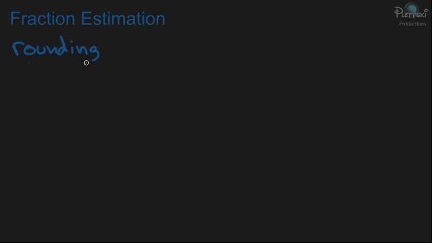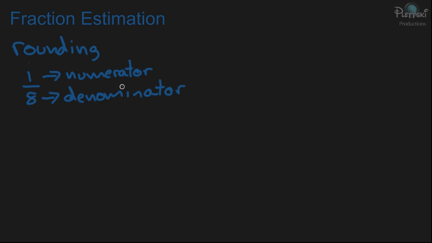So rounding. Now there's a couple things to think about here. When we just have a simple fraction like 1/8, we're going to compare the numerator, which is the top number, with the denominator.